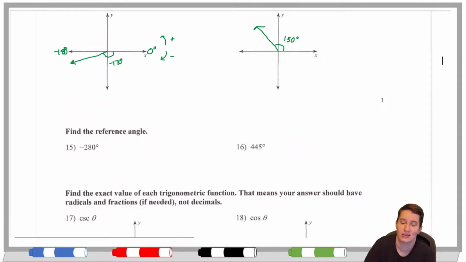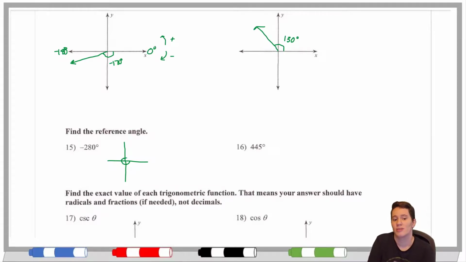It doesn't give us an xy axis, but that to me seems like the best idea because I personally like visualizing this. If I go negative 280, I need to go this way. That's negative 90, negative 180, negative 270. I need to go a little bit past negative 270 and make my angle here. Because I went 10 past, that's going to help me find the reference angle.